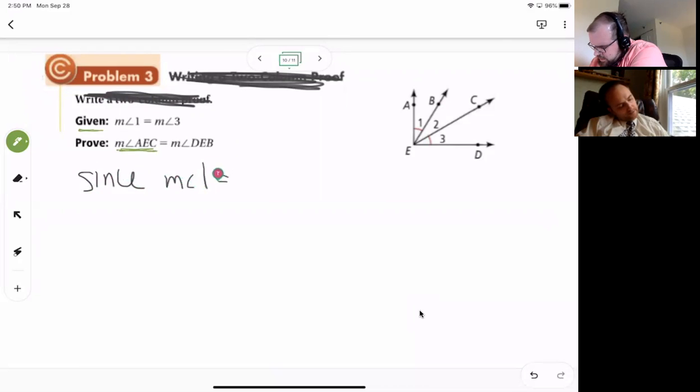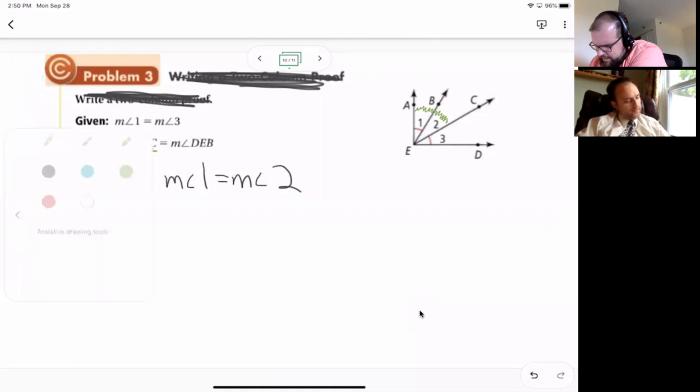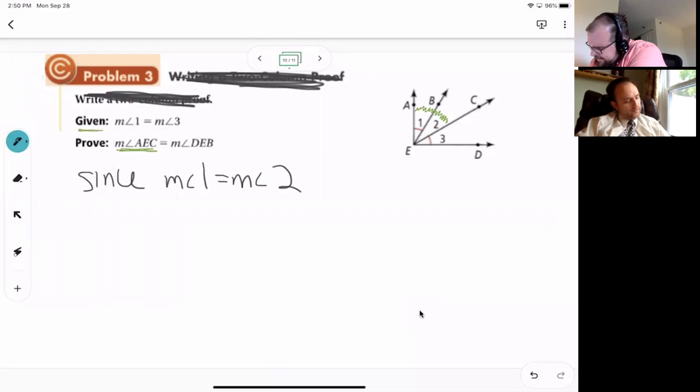Okay, I'm just going to mark this in scribbly green just to take a look at that. And we want to then show that's equal to DEB. So I'm going to start at D and do this one in blue. So we want to show that the green and the blue angles are equal to each other.